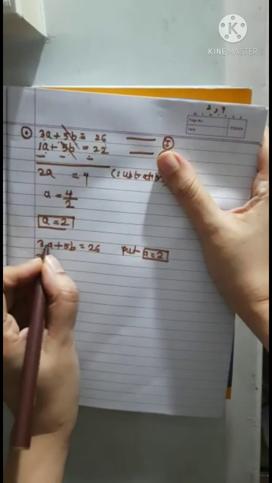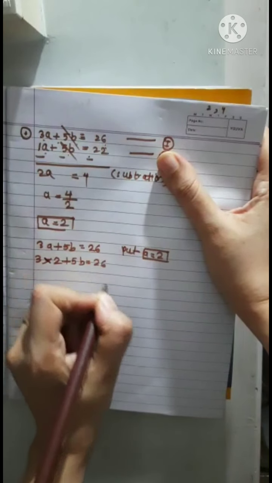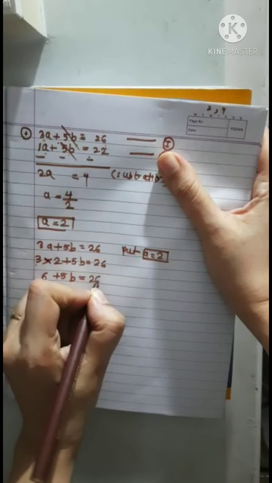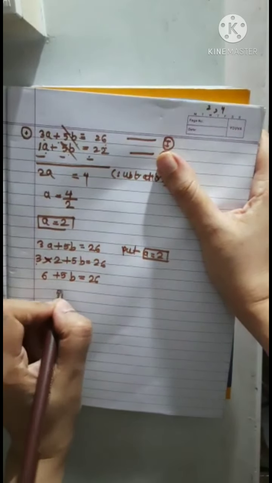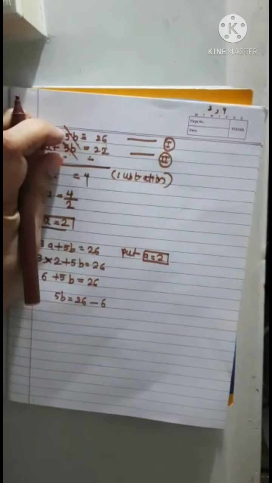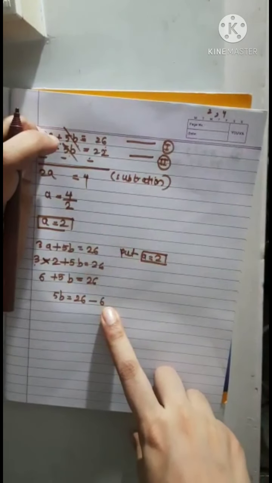Now, instead of a, I will put 3 times 2 plus 5b equals 26. 3 twos are 6. 5b, 26. Correct? 5b equals 26 minus 6. Why minus 6? The place changed, so the sign changed.